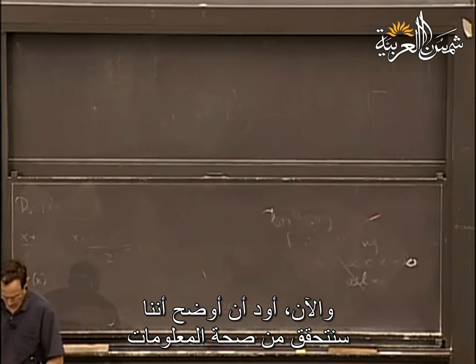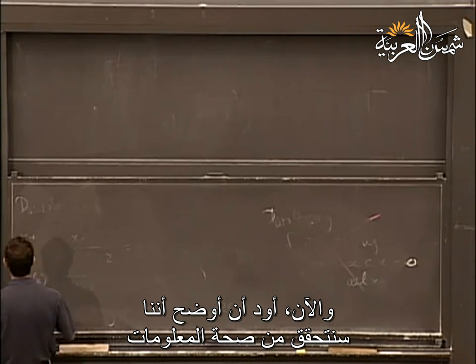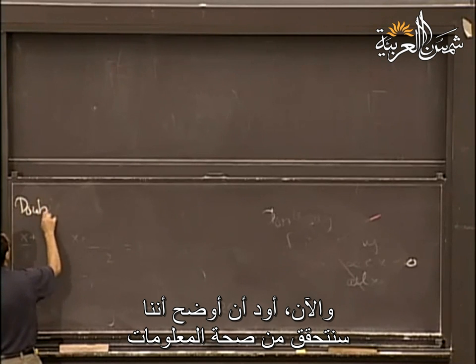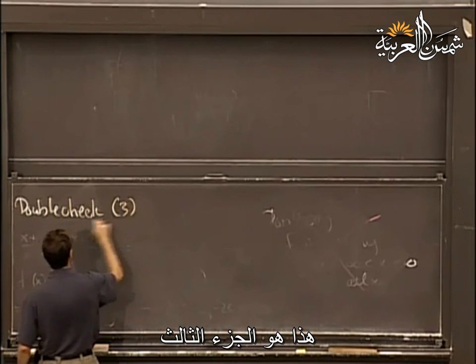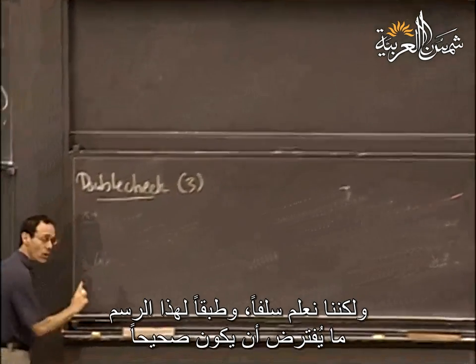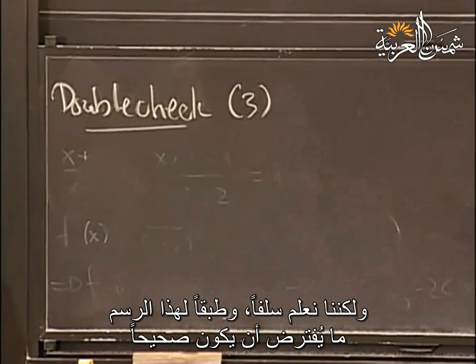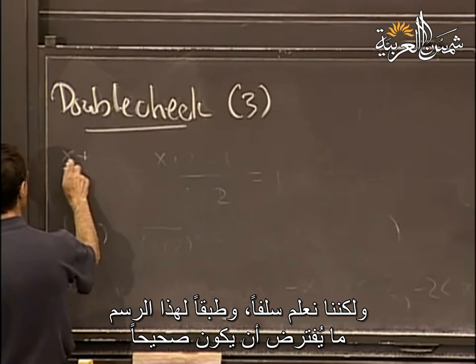Okay, so now let's again, I want to emphasize, we're going to do a double check. This is part 3, but in advance, based on this picture, I already know what has to be true.